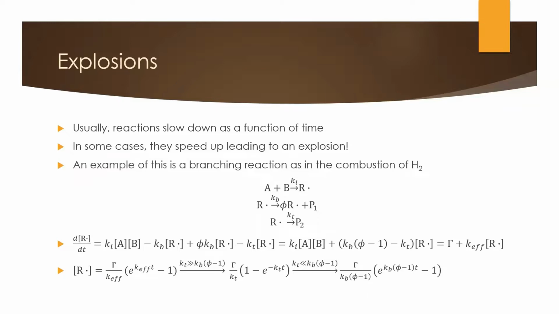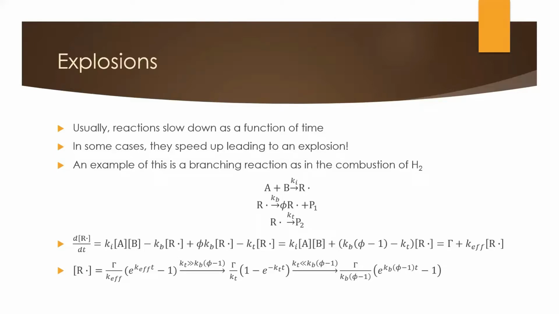An example for why explosions would happen can be shown here in a branching reaction. A branching reaction is a radical reaction whereby we have a formation of radical, but then there is a branching step where that radical branches into a phi number of radicals, so more than one radical. If you have an increasing number of radicals, you will have a faster reaction as more reactions happen with more radicals.